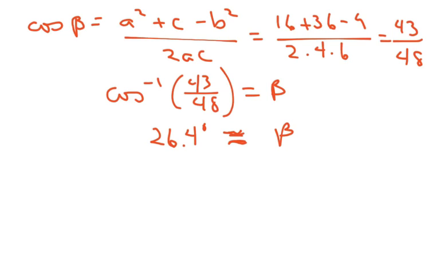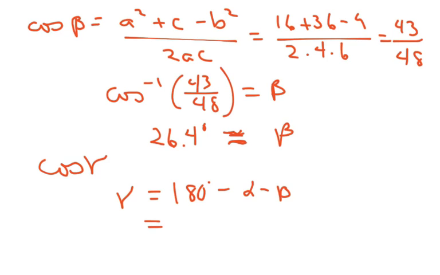Then I'm just going to subtract. Unless you want to use the formula for cosine of gamma, instead I'm just going to say 180 minus alpha minus beta equals 180 minus 36.3 degrees minus 26.4 degrees, and we get approximately 117.3 degrees.